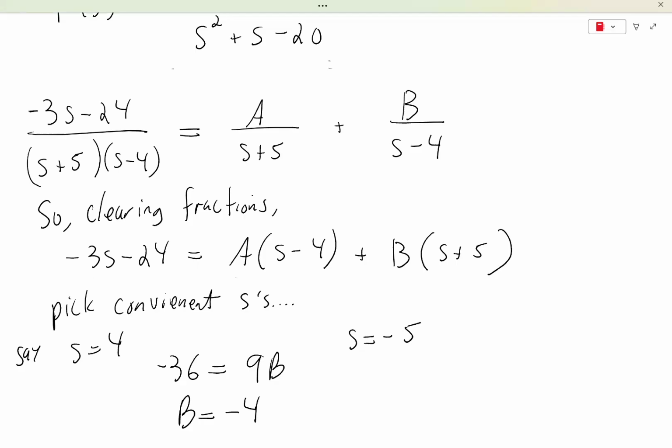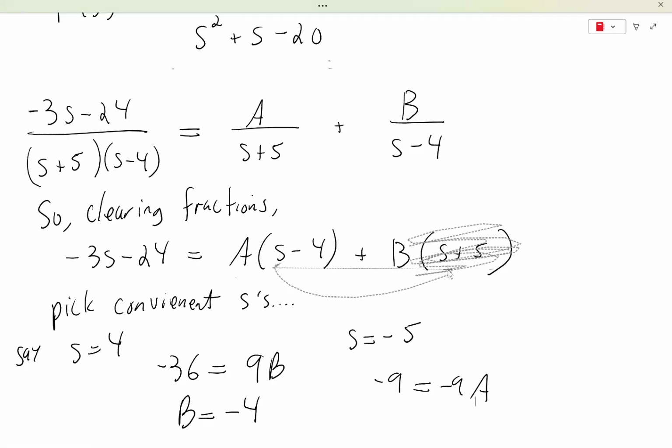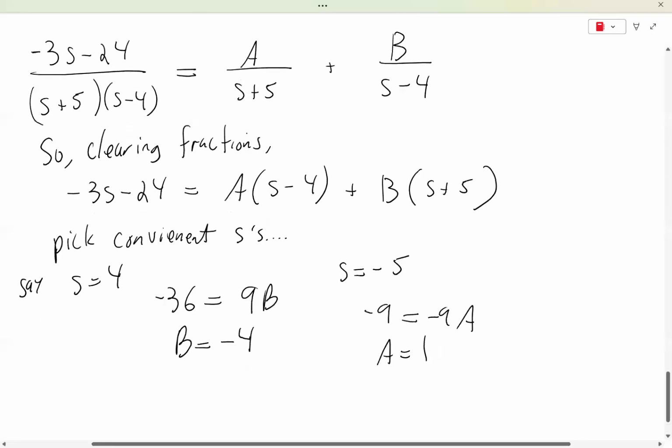So negative 9 equals negative 9A, because you put negative 5 here, and this part zaps out and goes away. So then you get A equals 1. So A is 1 and B is negative 4.